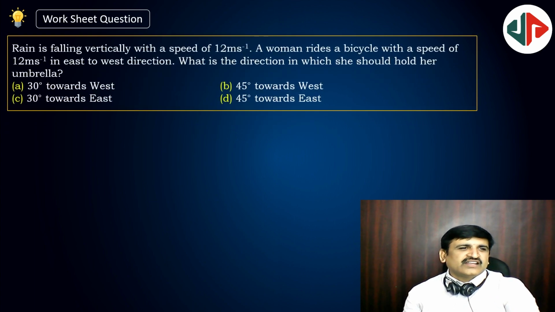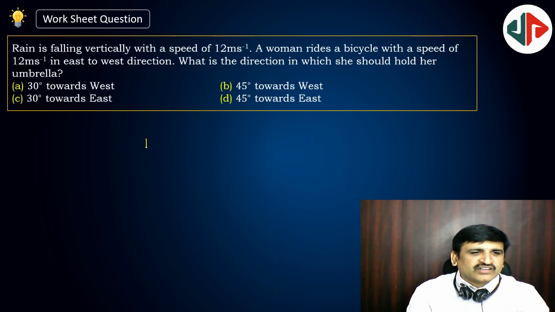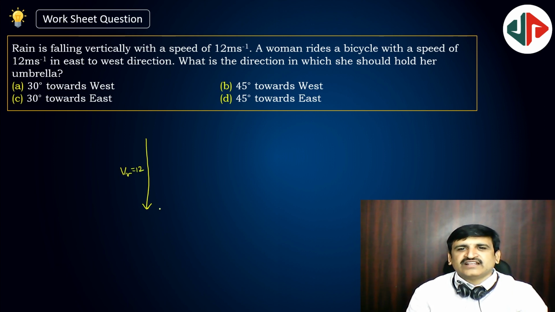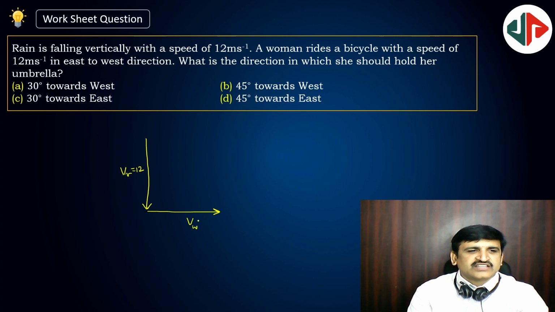Next, rain is falling vertically with a velocity of 12 meters per second. VR is equal to 12. A woman rides a bicycle with a speed of 12 meters per second. This is high speed actually. This is equal to V bicycle, so for the woman I can write VW is equal to 12, in the east to west direction.